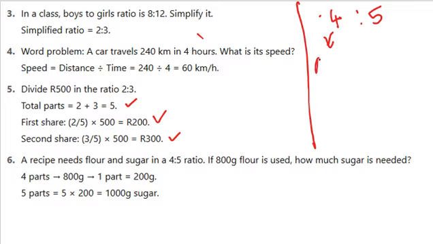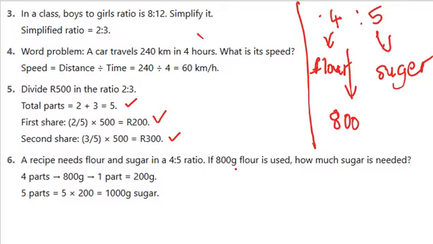Okay, so 4 units is for what? It's for flour, and this is for sugar. Okay, and we are told now that if 800 grams of flour is used, which means if this 4 units corresponds to 800 grams, I'm sorry for saying kgs, it's grams actually.